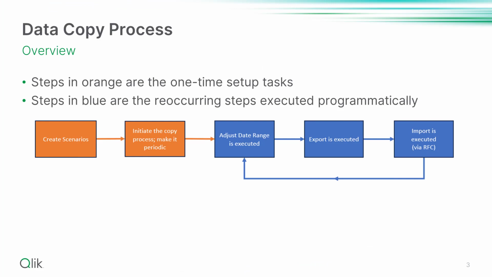The process flow for this use case is visible in the graphic on this slide. The steps in orange are the one-time setup tasks, and the steps in blue are the recurring steps that are executed programmatically.